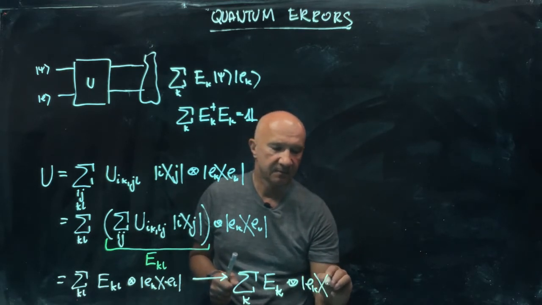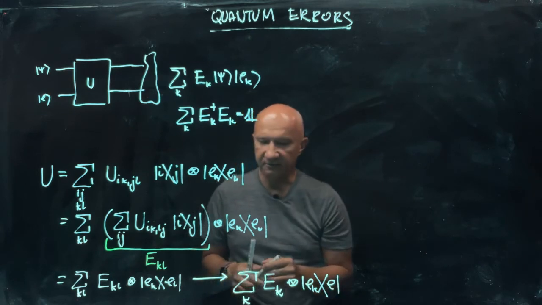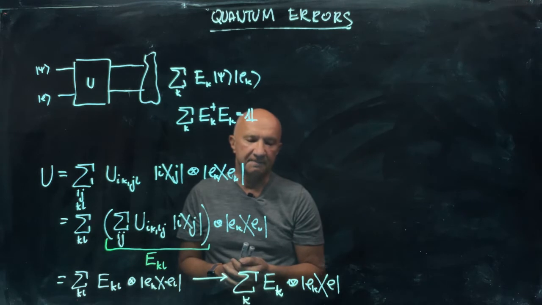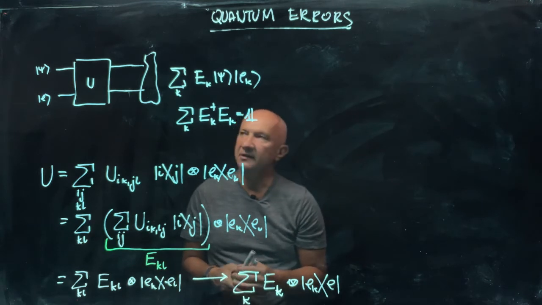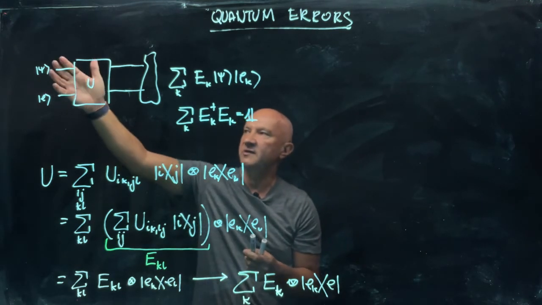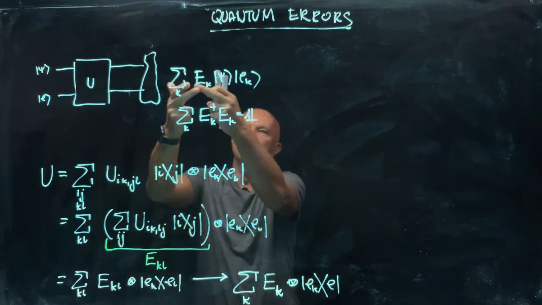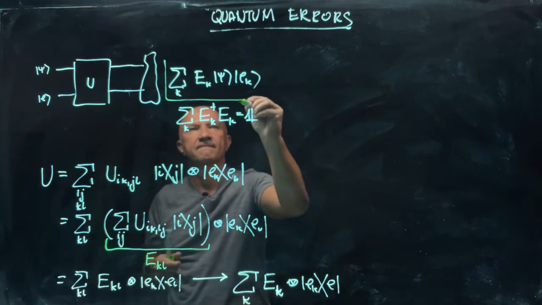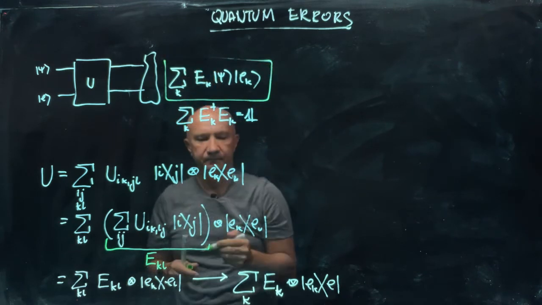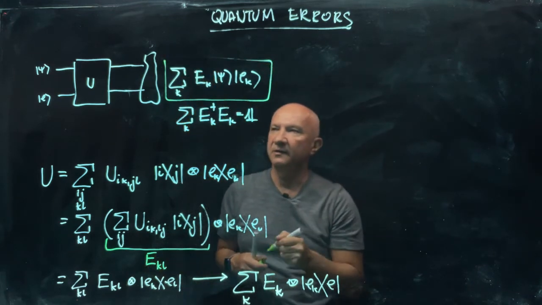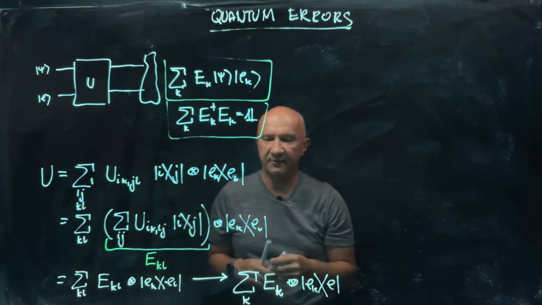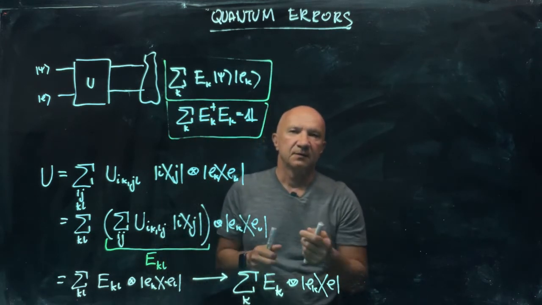Tensor E_k, this initial state of the environment. So this is actually your unitary evolution, and then you apply this unitary evolution to the state psi tensor E, and you'll get this expression here. Now this condition is a direct consequence of the normalization.